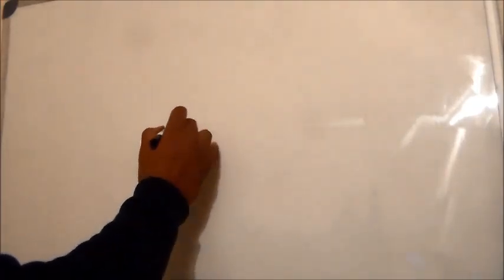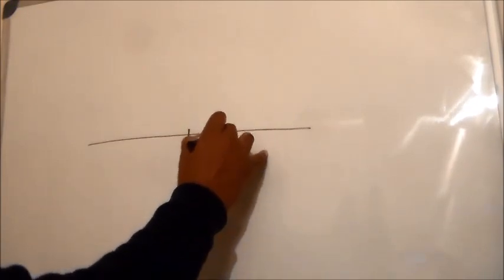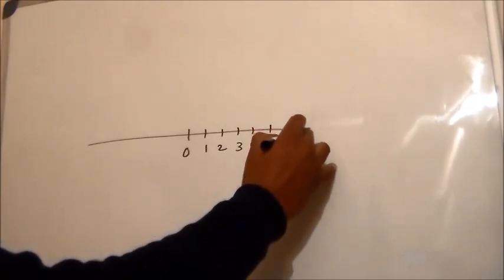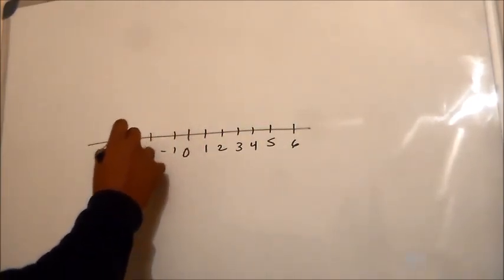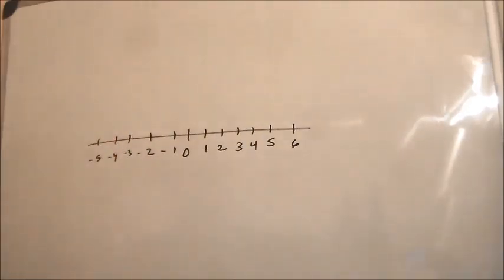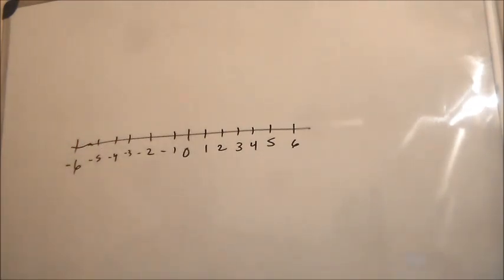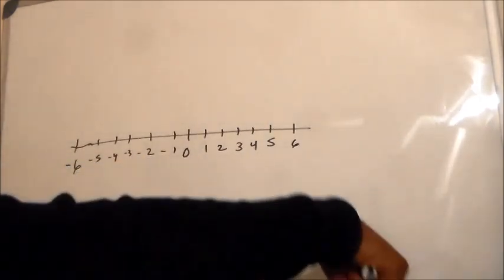When working with numbers, if you've never worked with positive and negative numbers, if you have not done algebra, remember the old school number line. Okay, the old number line, we used to count 1, 2, 3, 4, 5, 6, 7, 8, 9, 10.